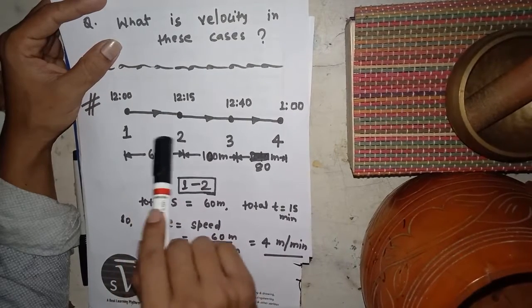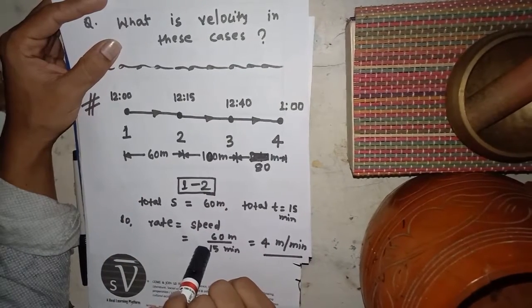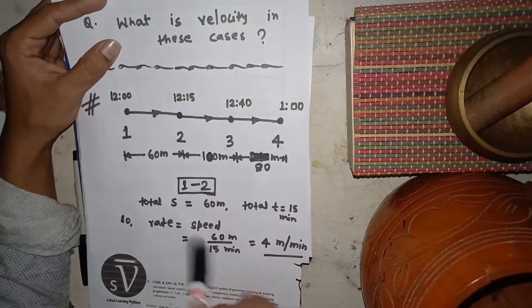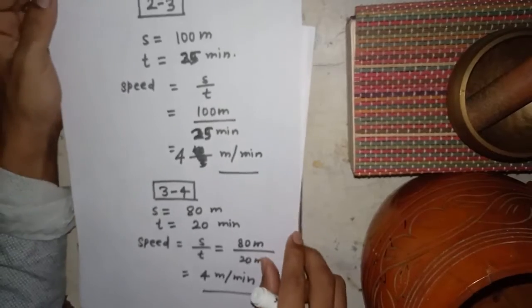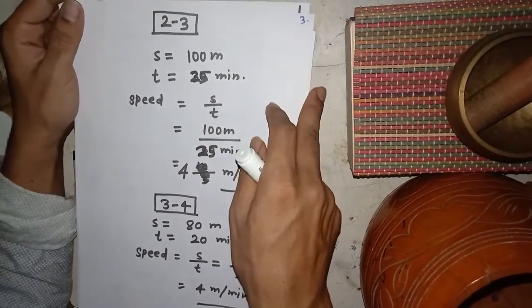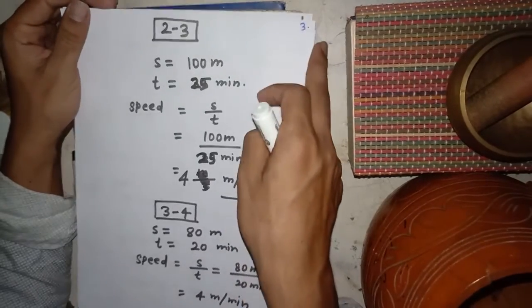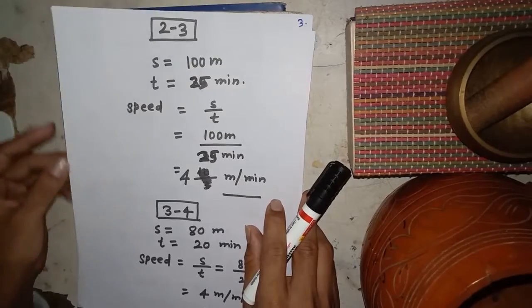That's why he covers 60 meters in 15 minutes. Have you got my point? Similarly, you can find it out for 2 to 3 and 3 to 4. Can you find it? Of course you can, because it is so easy.